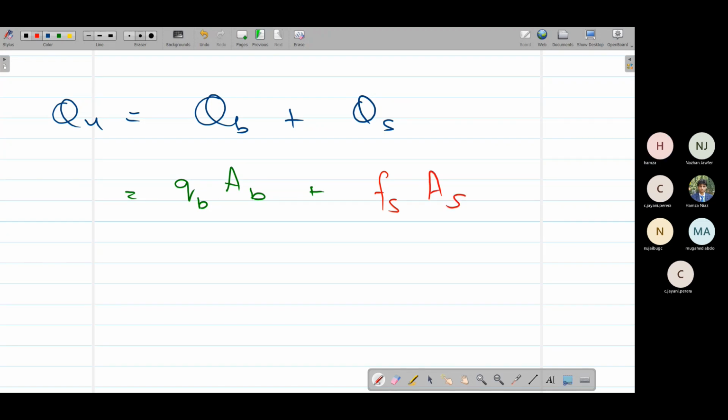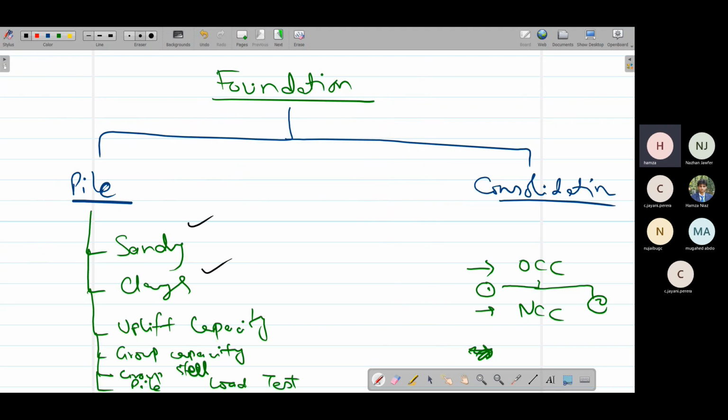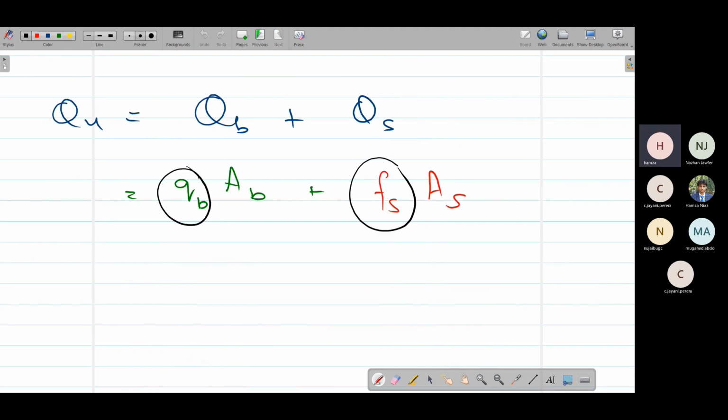So in each case, the qb and fs values would be different for sandy, clay, uplift. The only difference is this qb and fs value. AB and AS would remain the same in the basic form in all the cases.